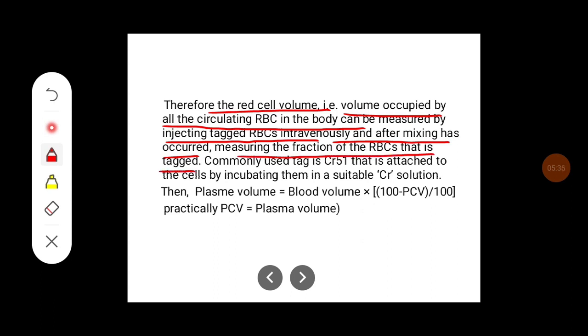Commonly used tag is chromium 51, that is attached to the cells by incubating them with chromium solution. So then plasma volume is equal to blood volume into 100 minus PCV divided by 100.